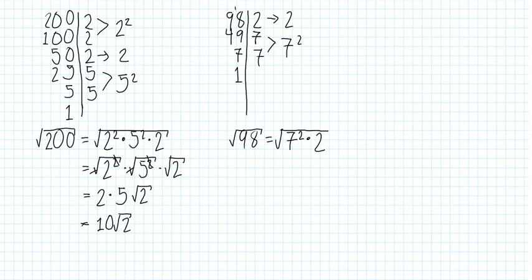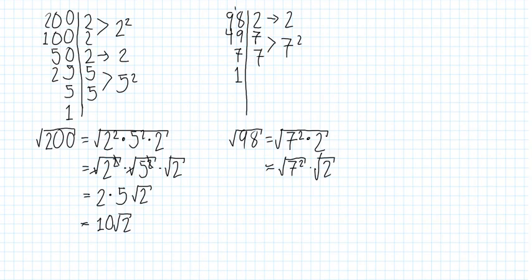We close the square root, and now we separate the square roots: the square root of 7 squared times the square root of 2.